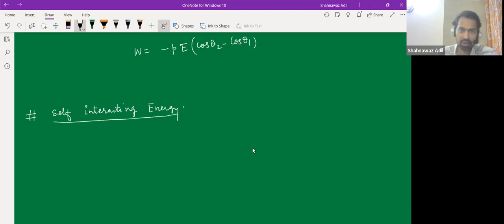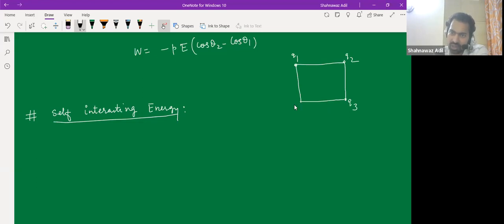We understood that whenever we had four point charges, there was some work done to bring those charges to these corners, the work done to make the system.